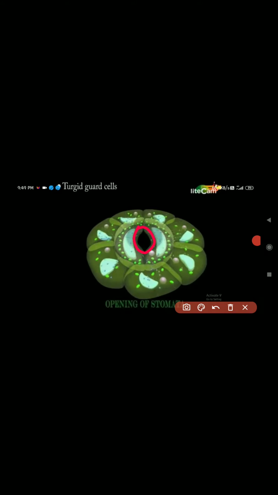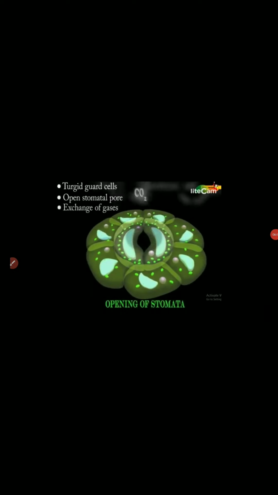Carbon dioxide will be going inside, whereas oxygen will be moving outside. So carbon dioxide will be going inside through the stomatal pore like this, so that photosynthesis takes place, and after the photosynthesis we get a byproduct called oxygen, which is not required by the plant, so it releases the oxygen through that same stomatal pore.